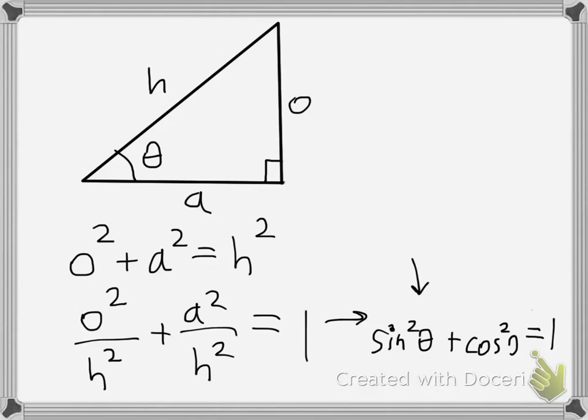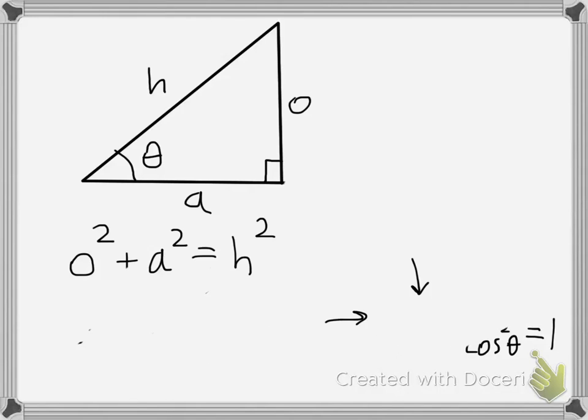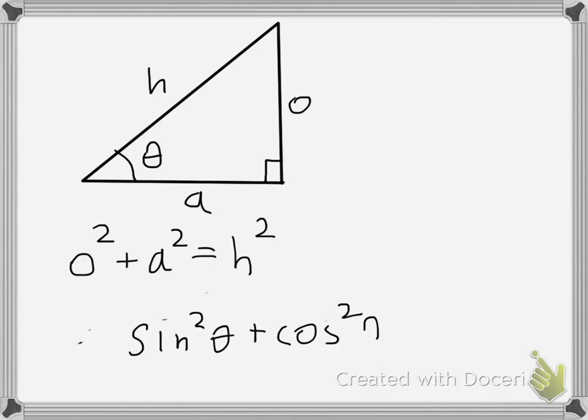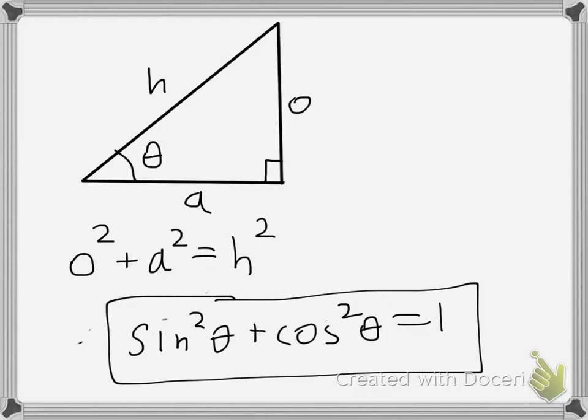So using the Pythagorean theorem, we have a new trig identity: sine squared theta plus cosine squared theta equals 1. Instead of writing cosine of theta squared, we write cosine squared of theta. So that's the first Pythagorean trig identity, and one important trigonometry identity.